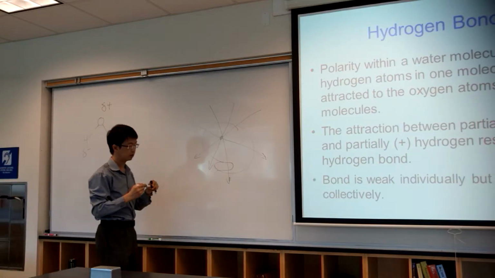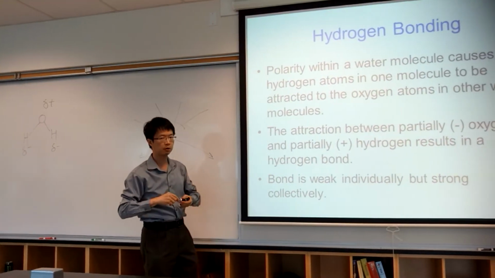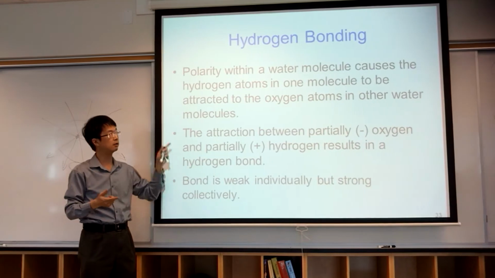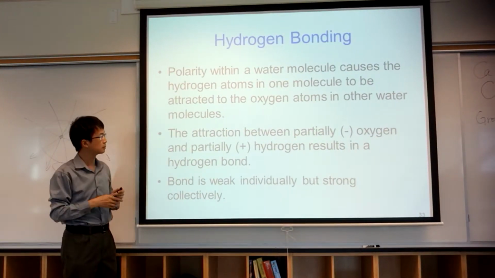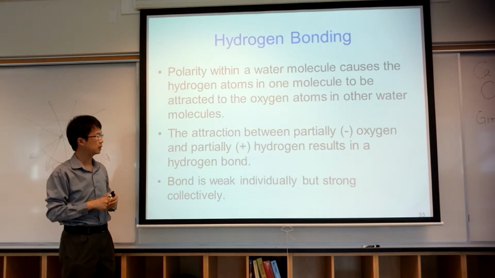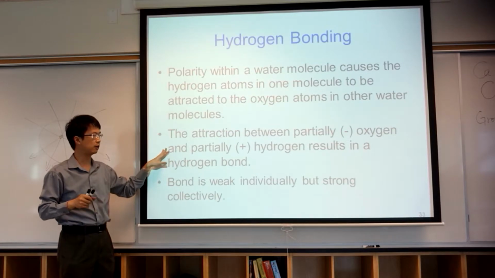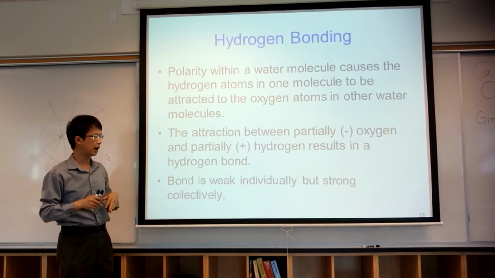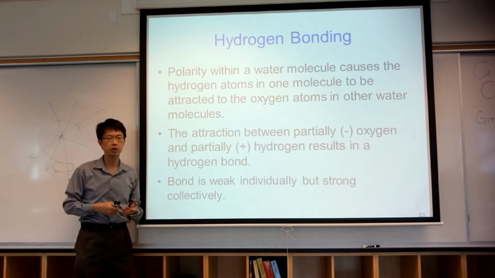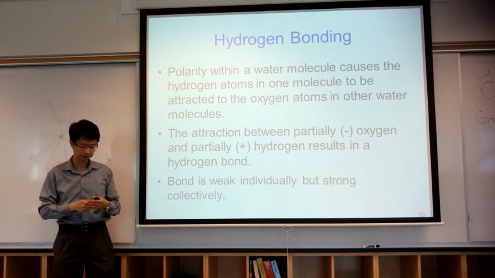Now we talk about the third type of bond. We talked about covalent bond, ionic bond. Now this is hydrogen bond. Hydrogen bond is basically due to this kind of unevenly distributed charge in the polar molecule of water.